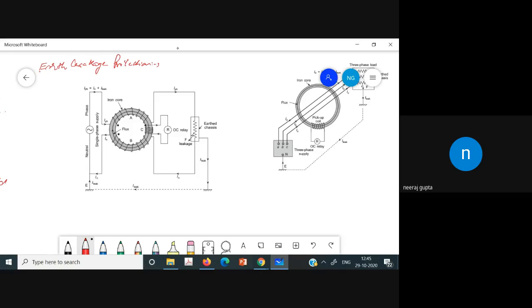Earth leakage protection. Now, what is the basis behind that?